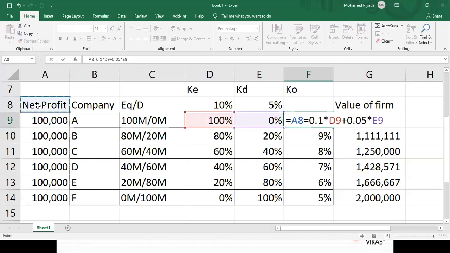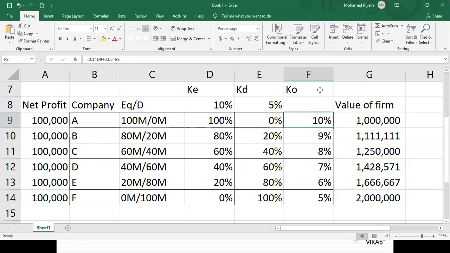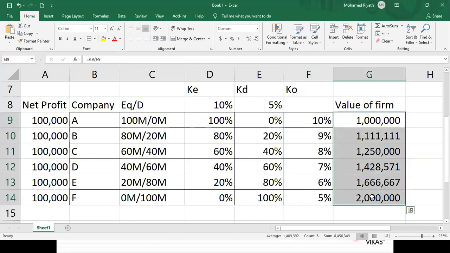The second thing is overall cost of capital. Here we assume net profit for all companies is equal, but what is going to change here? Overall cost of capital. So the increase in the value of the firm is due to what? What's the reason for the increase?